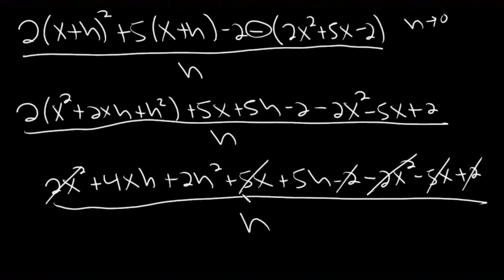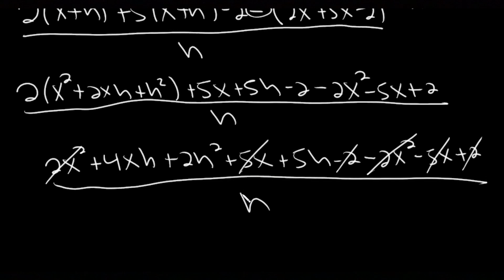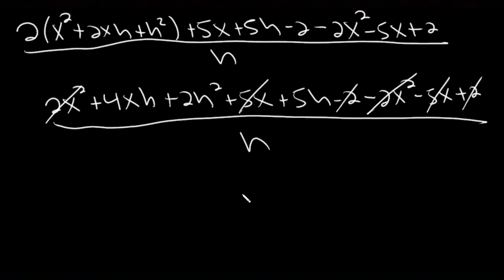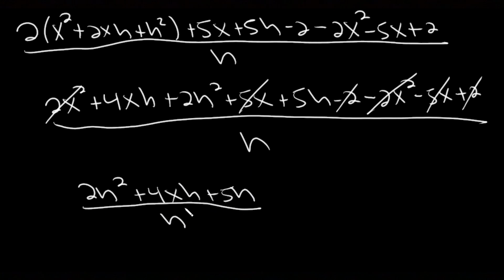the order here. So I'm going to go ahead and scroll down a little bit further. And rearranging it, I'm going to say 2h squared plus 4xh and then plus 5h all over h, right?